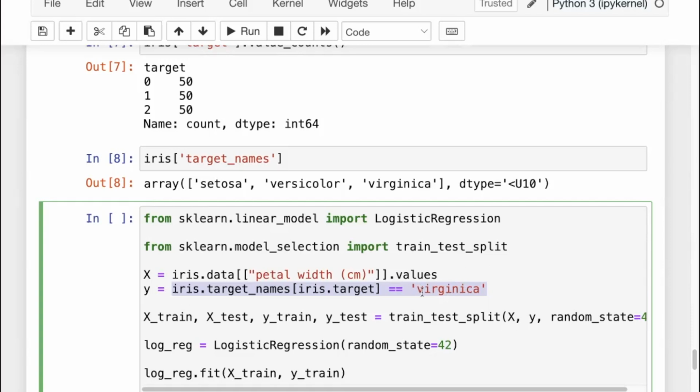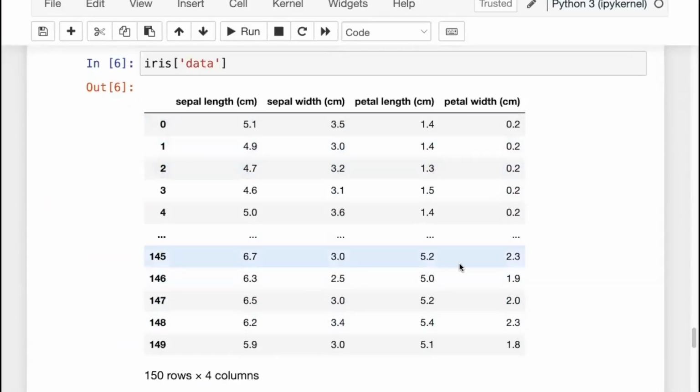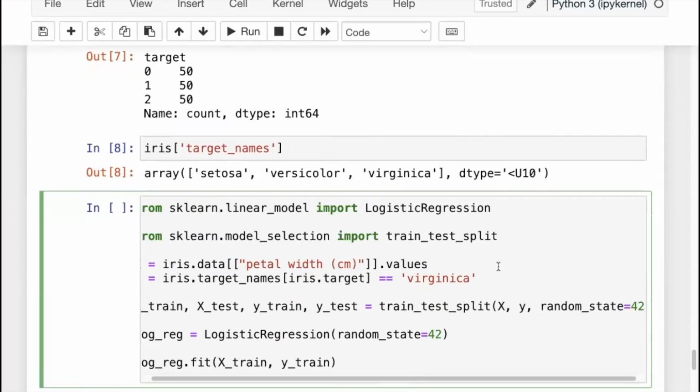You want to predict whether the species of these flowers is one of these 2, Setosa or Versicolor, or this Virginica. In this case, we are only working with one of the input features first, because that makes it a little bit easier to visualize this classifier, and that's the petal width. Obviously, we have more features here, but that's the only one that we want to consider at this point.